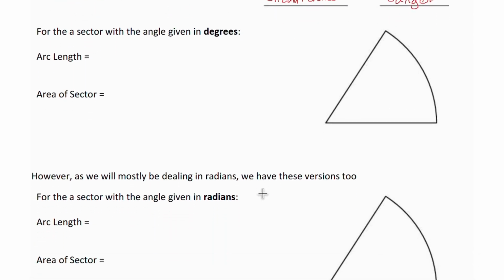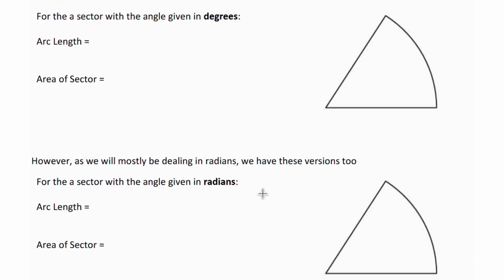Now, when we're talking about arcs and sectors in particular and finding the arc length and the area, we have two results depending on whether we are in degrees or radians. In degrees, which is considered to be prior knowledge for this course, it is whatever the angle is. Let's call the angle theta.